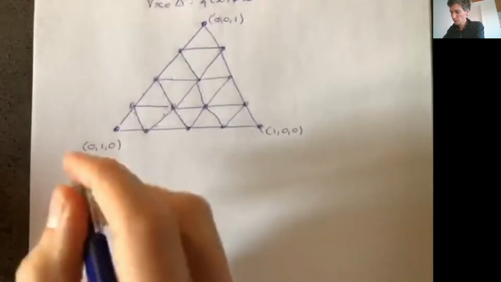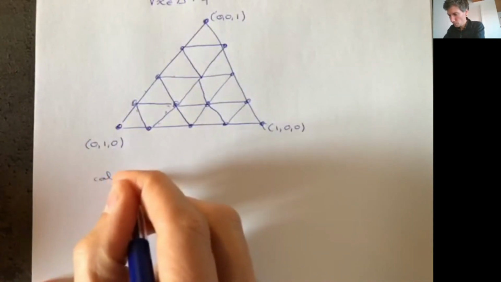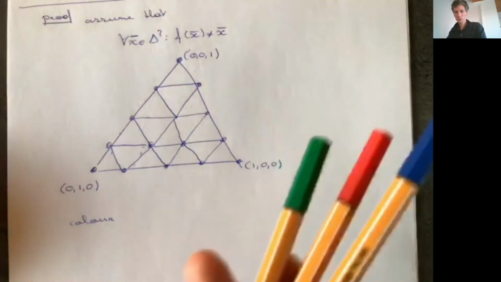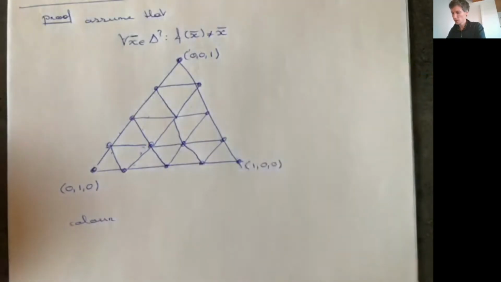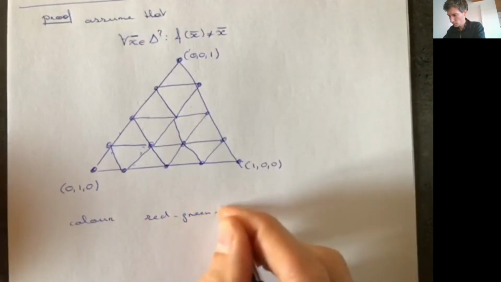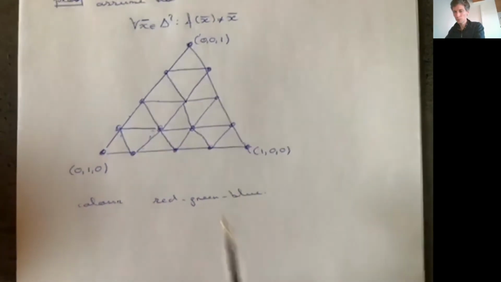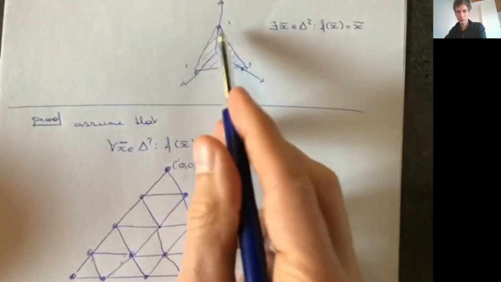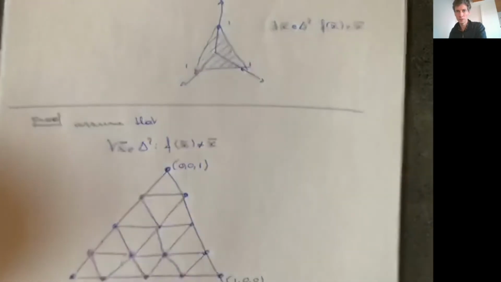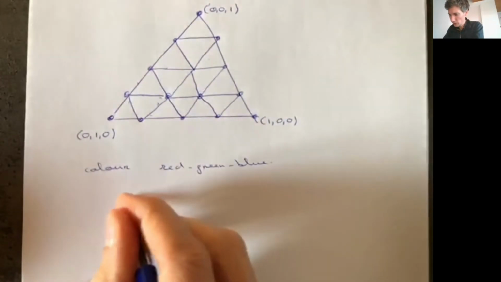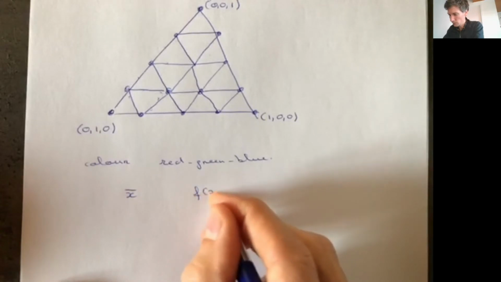So I need a coloring. In this case, I need 3 colors. So I'm going to use these 3 colors: red, green, blue, and I'm going to color these vectors. So these are vectors in 3D, on this triangle here. I'm going to use, as before, the value of the vector x and the value of the vector f of x.